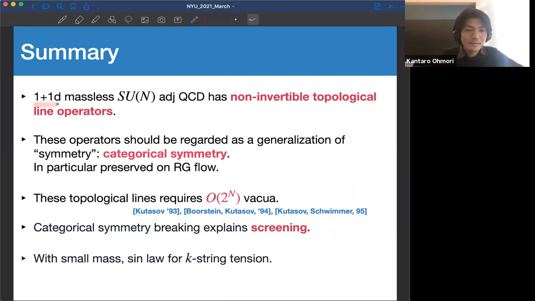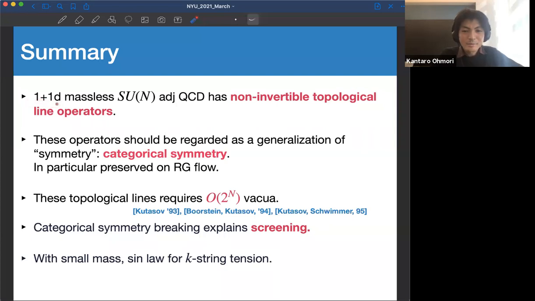My feeling is that for real-world QCD with fundamental quarks with mass, it's unlikely that there is some weird symmetry.